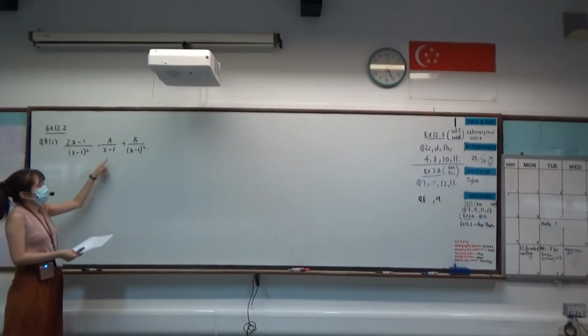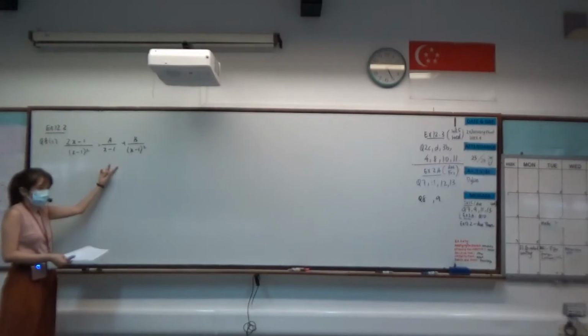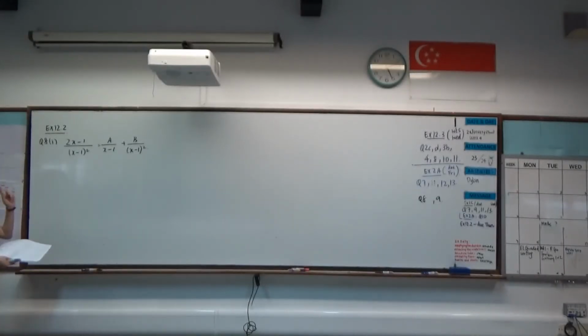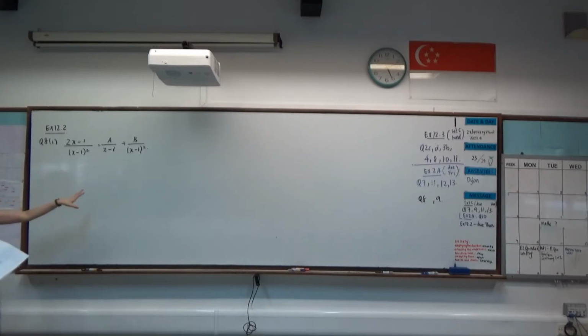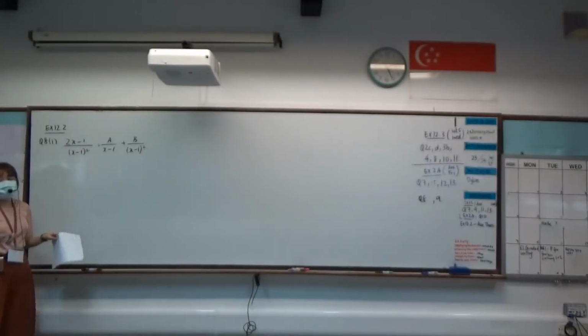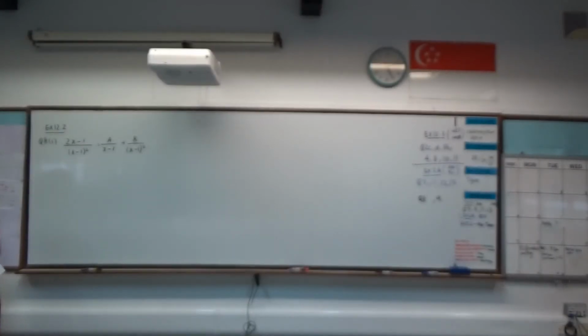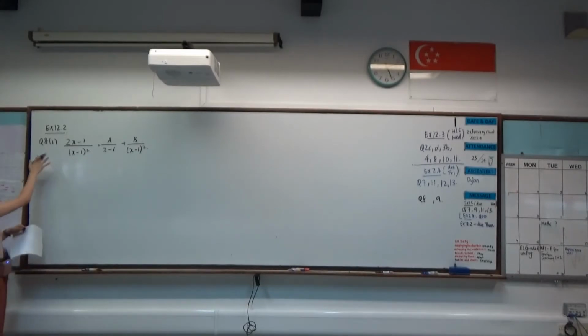This method itself is already partial fraction because you're putting it into different fraction partials. Technically, now that we have been exposed to the quotient rule, we don't really require partial fractions to solve this question, because we can just apply the quotient rule and differentiate already. Just that this is falling under 12.2 where we have not yet looked at the quotient rule. That's why the recommendation is to do partial fractions.